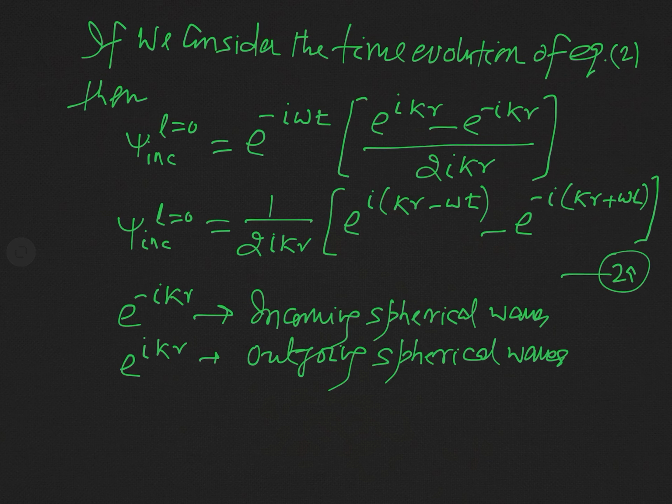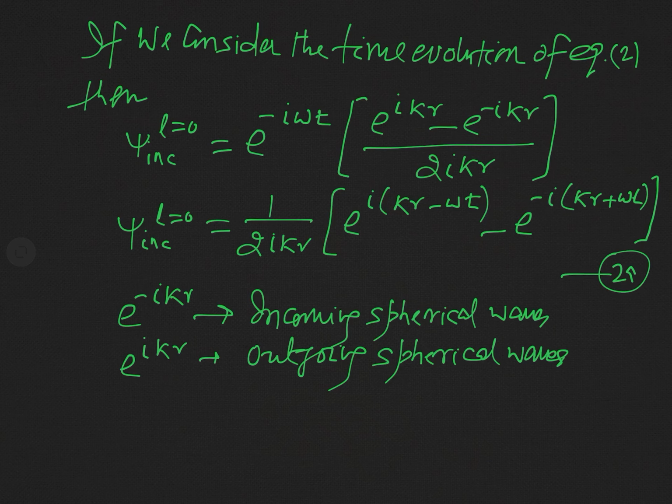But actually when we consider that l equal to 0 part of the incident wave, it is actually a combination of the two spherical waves. The incident wave is also a spherical wave, and the outgoing, that is a scattered wave, is also a spherical wave, not a plane wave.